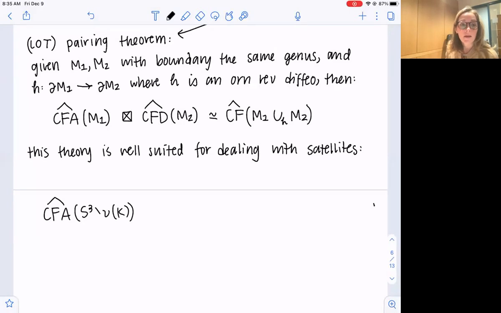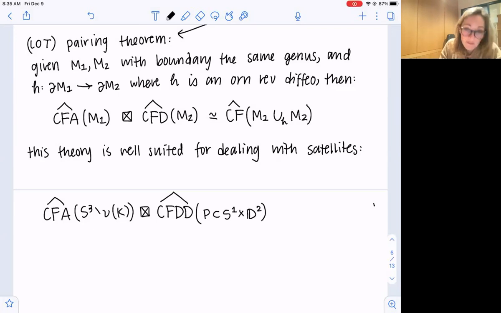Since this is a theory of three manifolds with boundary, we're actually thinking of the knot complement here. And we'll take the box tensor product with, now we have a bimodule because we have a three manifold with two boundary components. And this three manifold is the complement of the pattern in the solid torus.